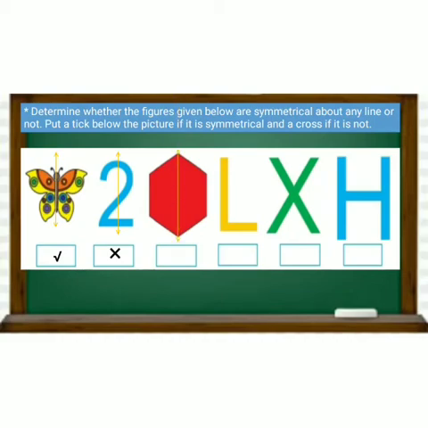And if we take the third figure and fold it three different ways, then also this figure is symmetrical. Next is not symmetrical. Next figure is again, if we fold this figure two ways, then also this figure is symmetrical. And the last figure, again, if we fold it two ways, then also this figure is symmetrical.